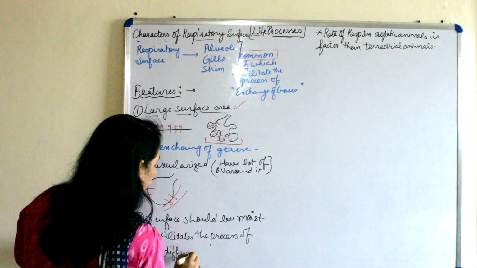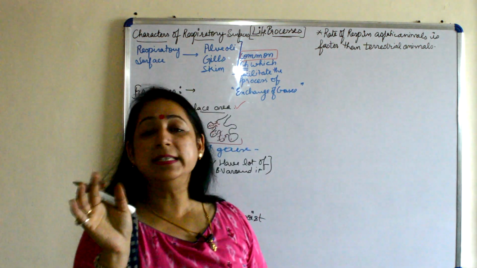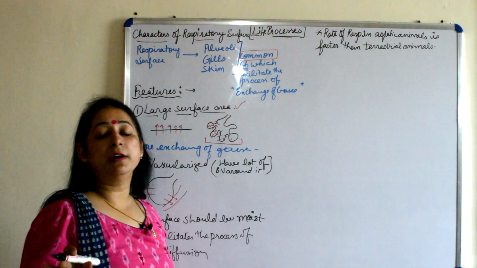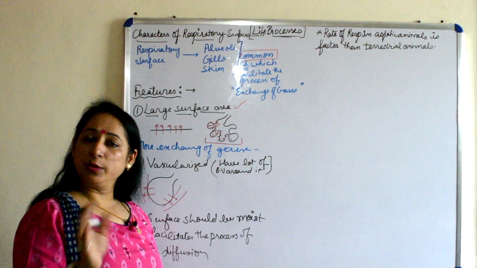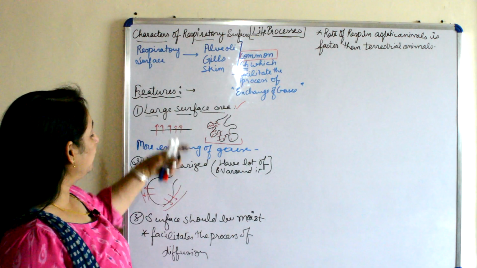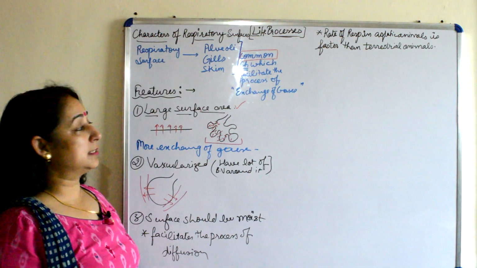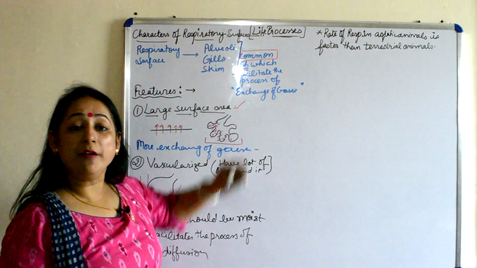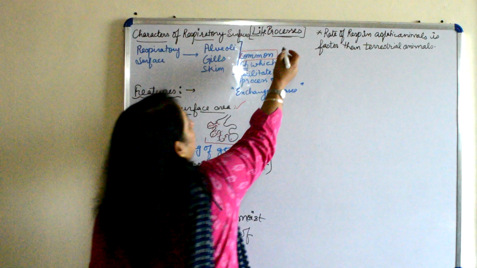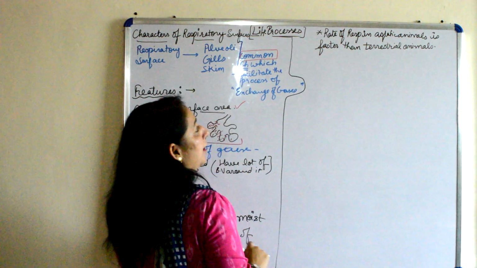Wherever you talk about the respiratory surface, you will see that a respiratory surface is never dry. It is always covered with mucus so that easy diffusion or exchange of gases can take place. So three very important characters or features which should be there in all the respiratory surfaces for easy exchange of gases.